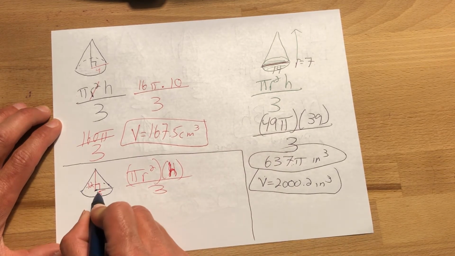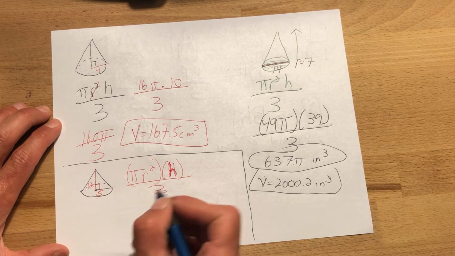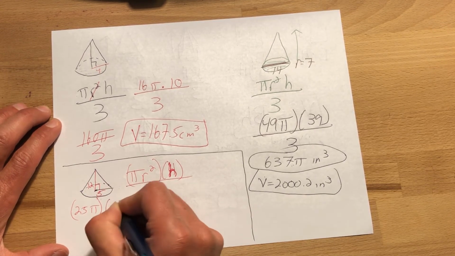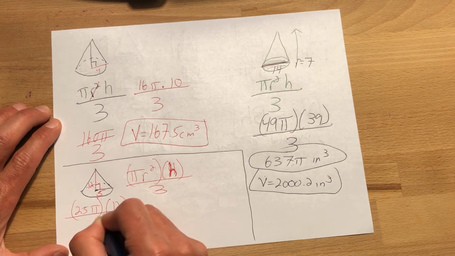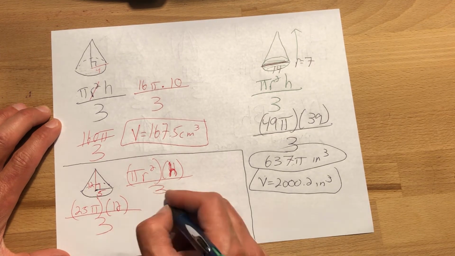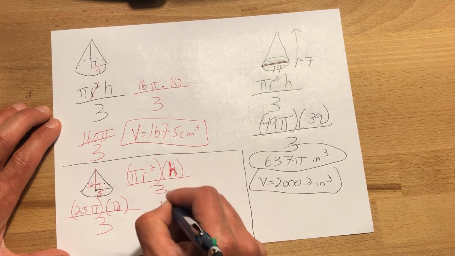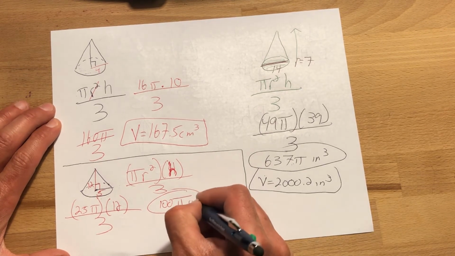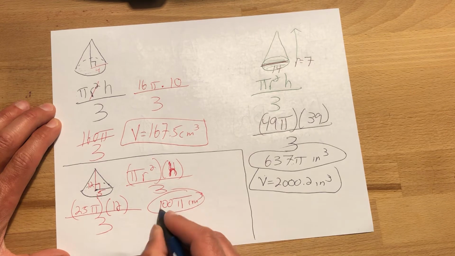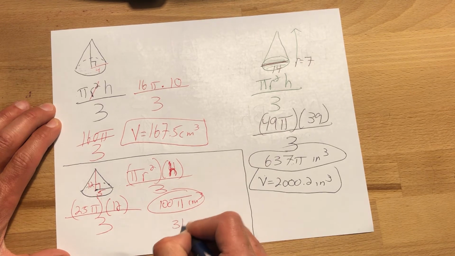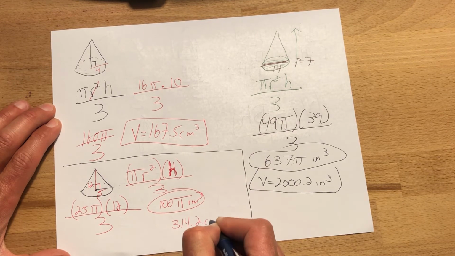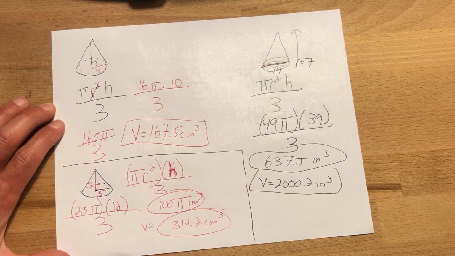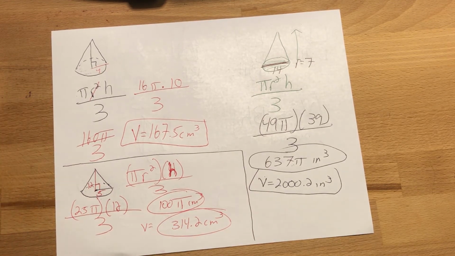So if my radius is 5, 5 squared is 25 pi times a height of 12 over 3, which is going to give you 100 pi, which is the answer, in centimeters cubed. Or if you multiply pi into it, you get 314.2 centimeters cubed. There is the volume of that shape.